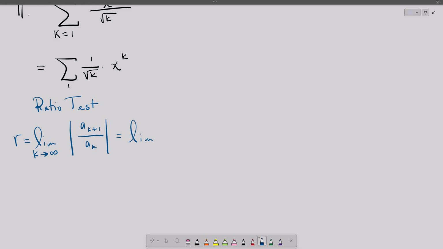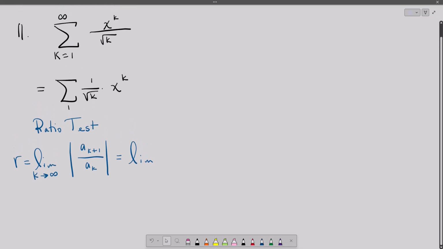So a sub k plus 1. Let's use this form up here. It's a little easier to do it in. So we're going to have x to the k plus 1 divided by the square root of k plus 1. Now this is absolute value, so we need to have absolute value around those x's. The denominator is never negative. It's positive square root. That symbol means the positive square root. So we don't need absolute values there.